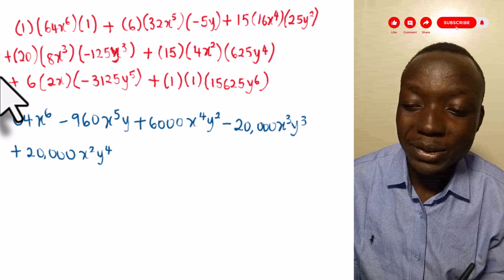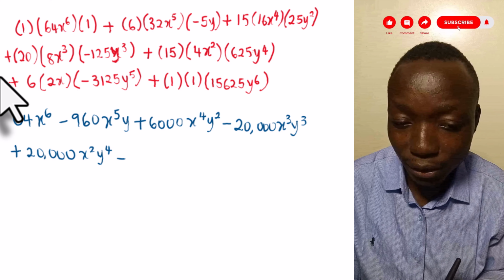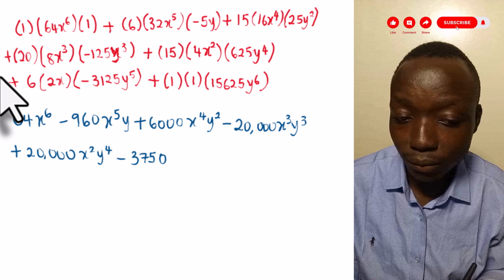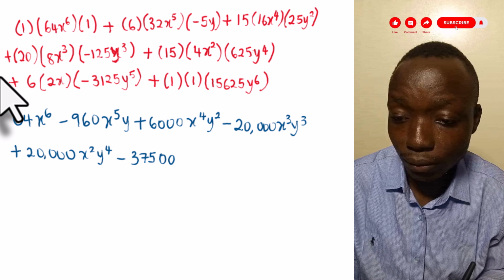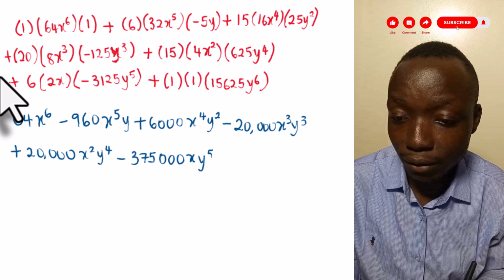If you multiply out 6 times 2 times minus 3125, you're going to get minus 37,500xy raised to power 5.